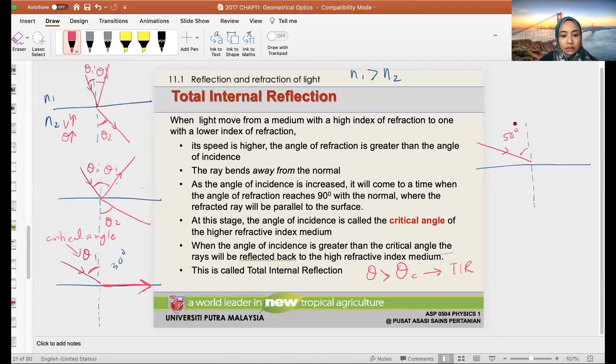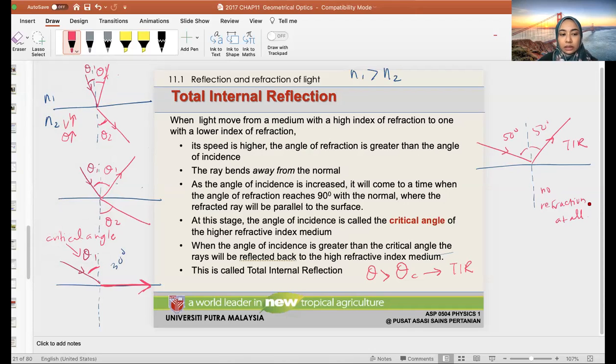Is 50 degrees greater than the critical angle? Yes, it's greater than the critical angle, which means that I will get my total internal reflection. So everything is reflected. So this is TIR. No refraction at all.